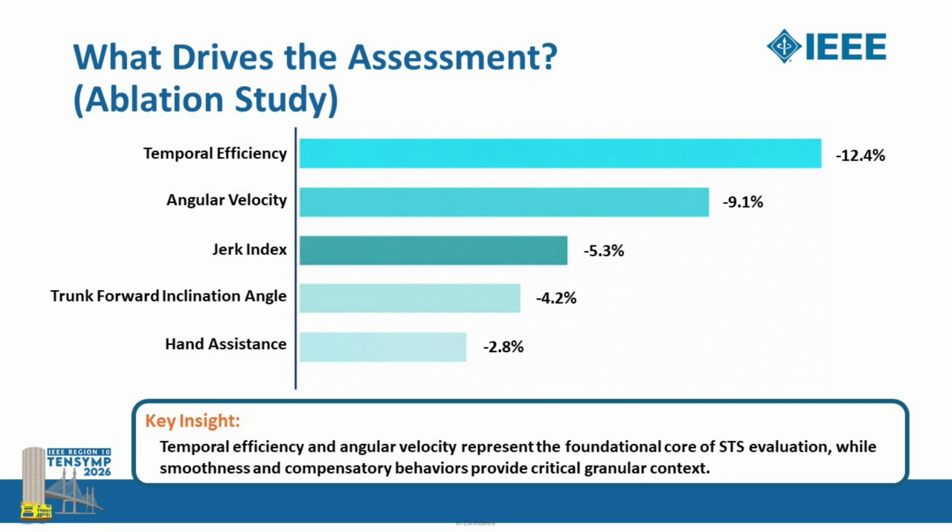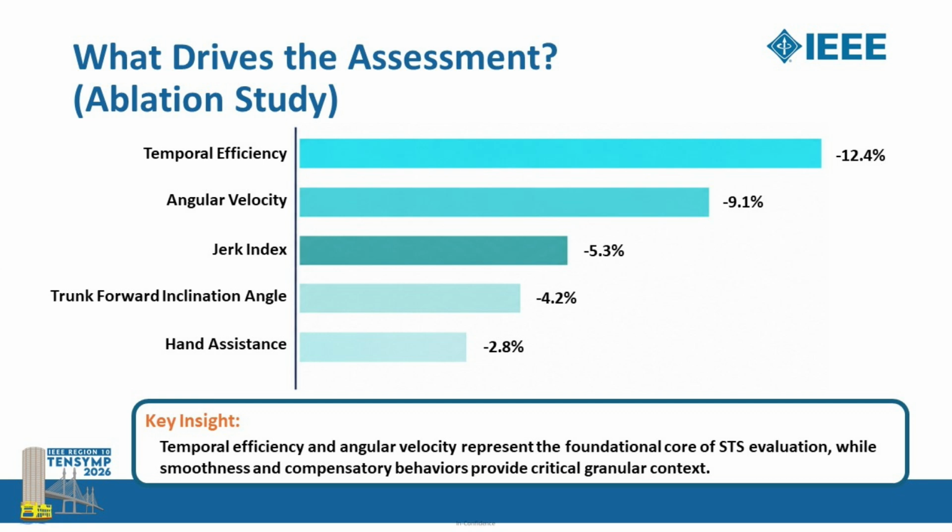Compared with clinical-grade IMU sensors, the estimated angular velocity achieved a correlation coefficient of R equals 0.91, indicating strong agreement with professional measurement devices. The intraclass correlation coefficient, ICC, reached 0.88, representing excellent reliability.